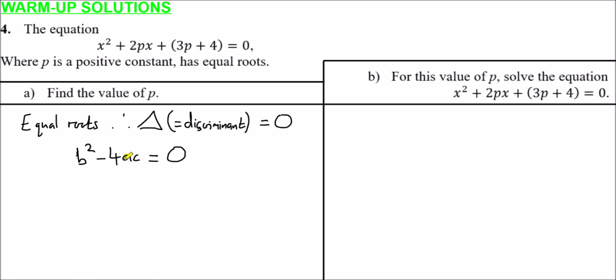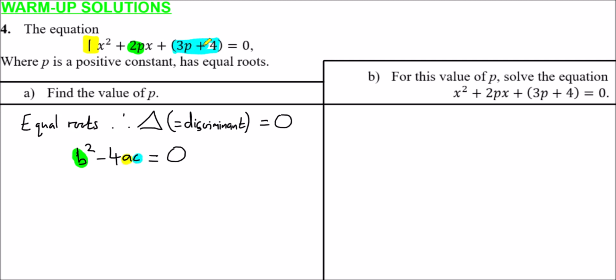So let's just map a, b and c to what we have here. And so a, the coefficient of x squared, well, there's nothing in front of the x squared. In other words, you just have 1 x squared. For b, the coefficient of x, we've got 2p. And the constant term at the end, c, is 3p plus 4.